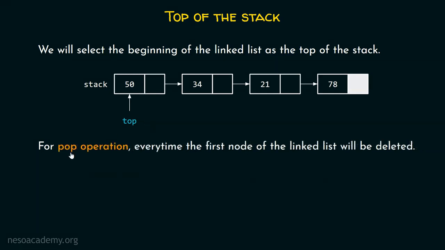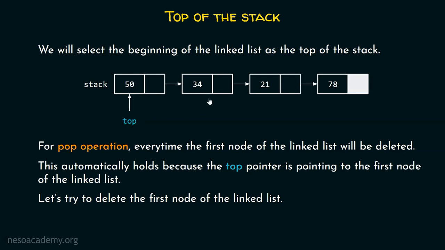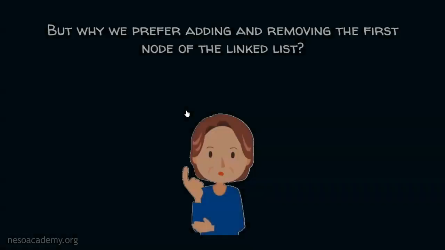After this, for pop operation, every time the first node of the linked list will be deleted, right? This automatically holds because the top pointer is pointing to the first node of the linked list. Let's try to delete the first node of the linked list. Let's delete this node. This time, obviously, after deleting this node, top pointer must point to this node, right? Okay.